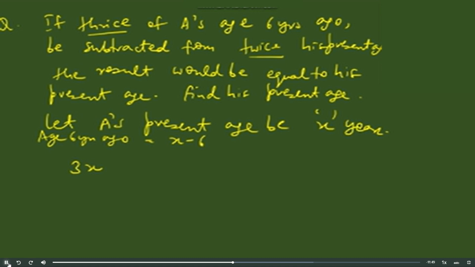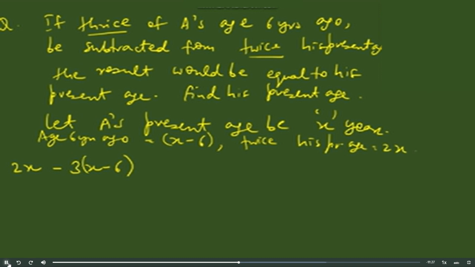Thrice of the age 6 years ago, 3 into x minus 6, is subtracted from twice his present age, 2x.